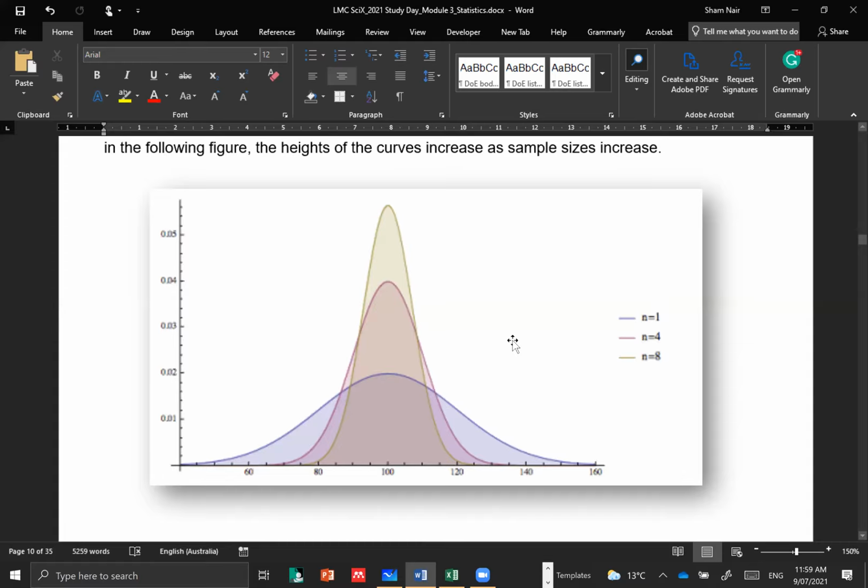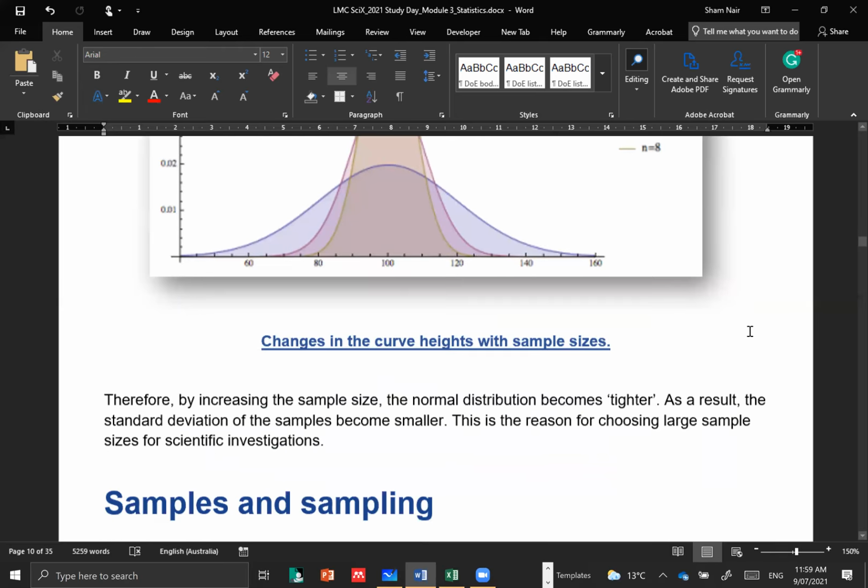Now you can say that if you increase the sample size, you will decrease the standard deviation and the variance. Both of those are decreased. So remember, in science extension, it's always important to show your reasoning skills. Here in this figure, we've got the reason for why it's important to increase sample sizes in our investigations.